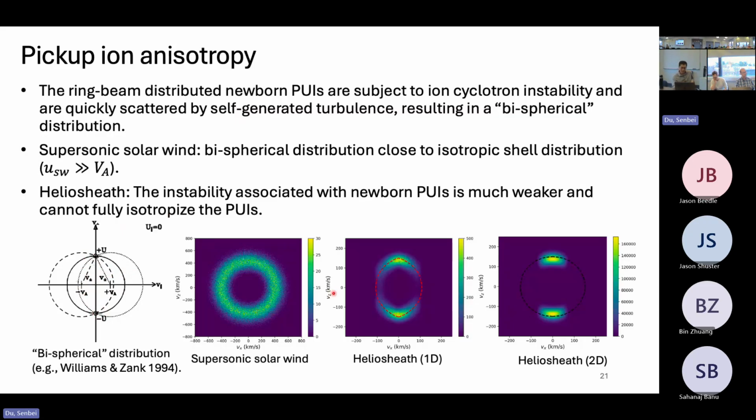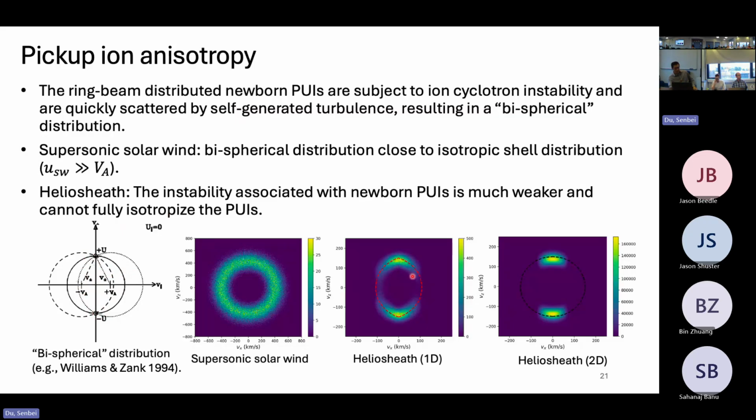So we can actually see the difference between a bispherical distribution and the shell distribution. So that's shown in this third figure. And so the red line is the bispherical distribution, which is what we see in the simulation, roughly following this distribution.